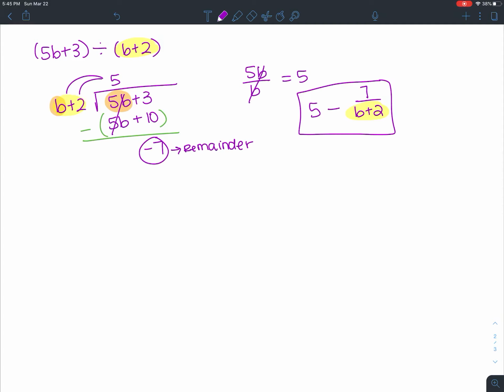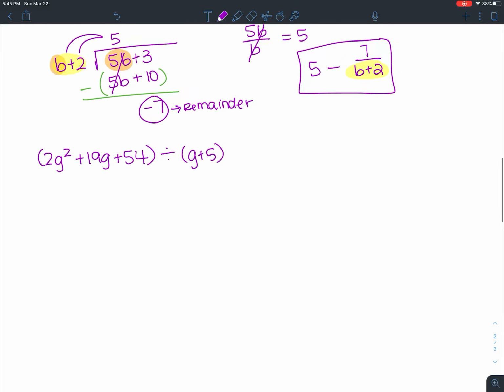Let's do a longer problem so you can see the pattern. We have 2g squared plus 19g plus 54 divided by g plus 5. Okay, g plus 5 is what I'm dividing by. That goes on the outside, and it's in standard form.